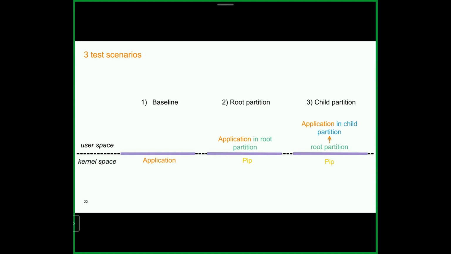And the third scenario is that the application runs in a child partition of the root partition, and we still have Pip as the only one that runs in kernel space. And we have this purple bar that shows the isolation between the user space and the kernel space.